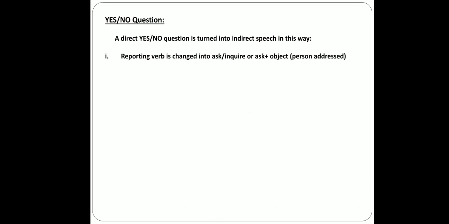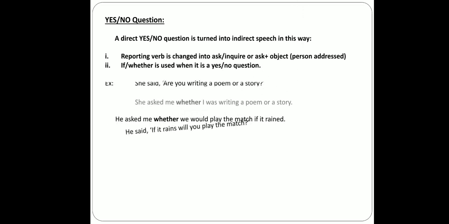The first one, the reporting verb is changed into ask or inquire, or ask plus object, the person addressed. Second, if or whether is used when it is a yes or no question. Please pay attention. Whenever you get these kinds of questions, we add if or whether in the sentence.